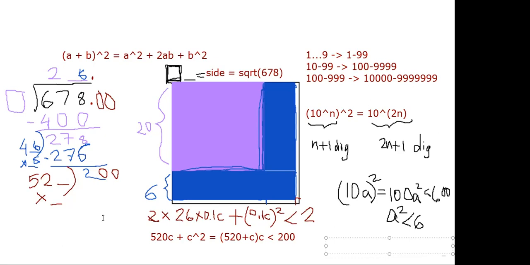Okay. Now, C equal to 1 is not going to work, right? So the only C we can put is 0. So we put a 0 here and 0 here and 0 here. So that's it. It doesn't work. So the whole 200 comes.